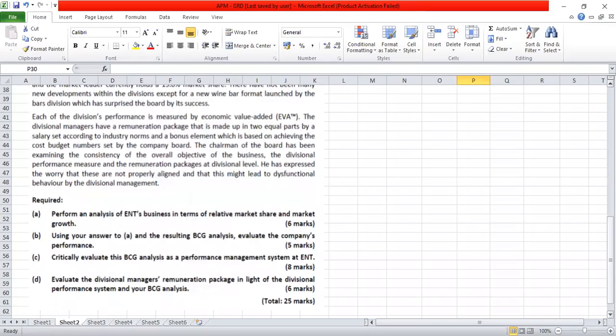Critically evaluate, so we need to criticize it. Any point of criticism you can find?